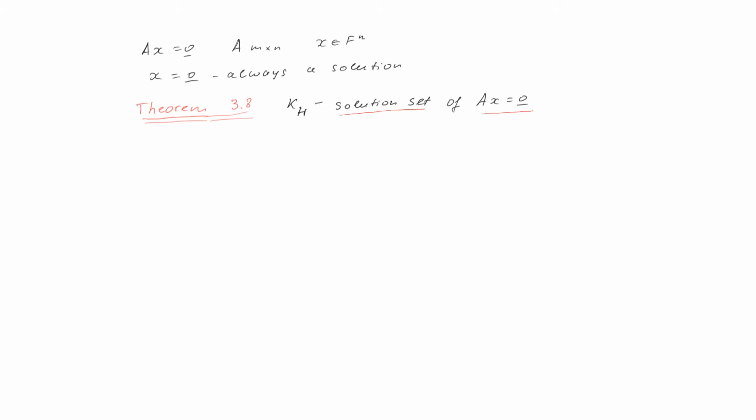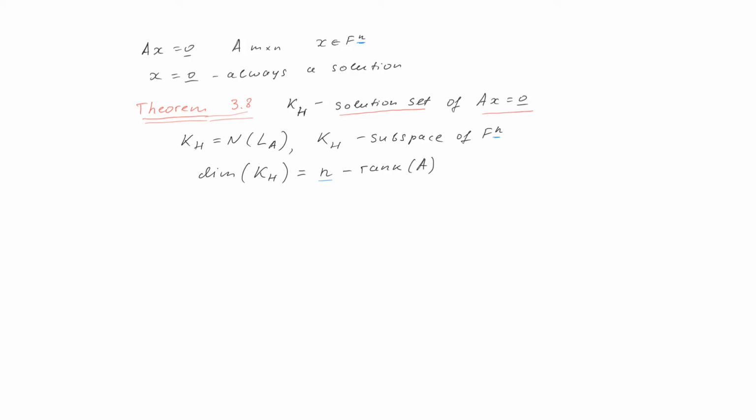And the claim of the theorem is that this solution set is nothing else but the kernel of the transformation LA, and therefore the solution set is a subspace of Fn, and moreover the dimension of this solution set is n, the number of variables, minus the rank of the matrix A.